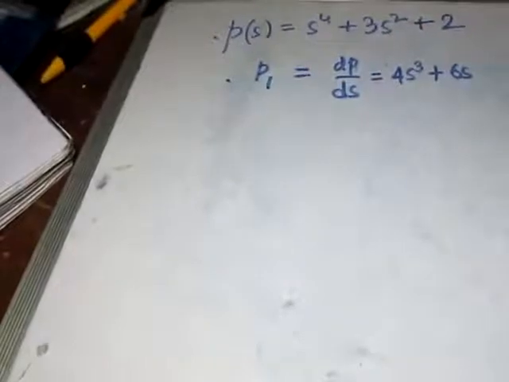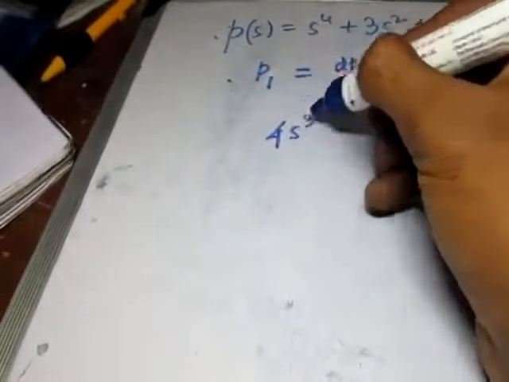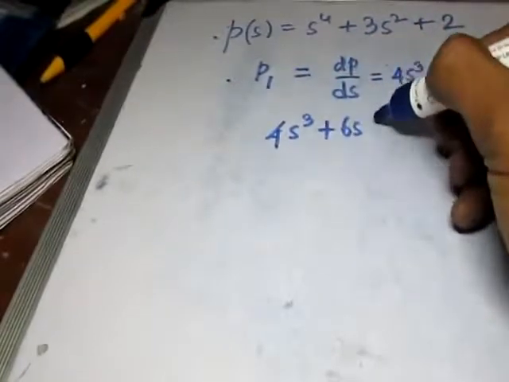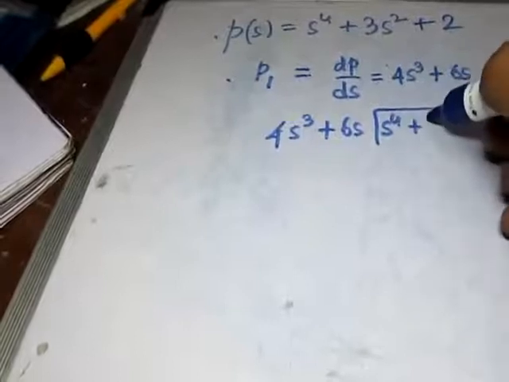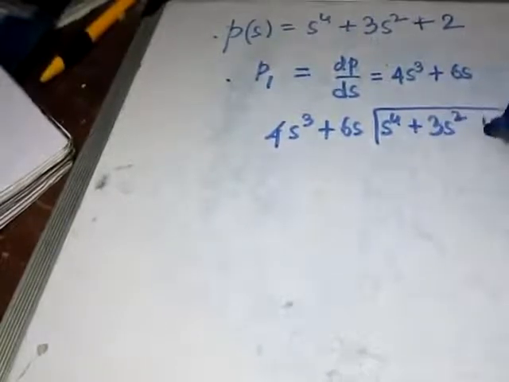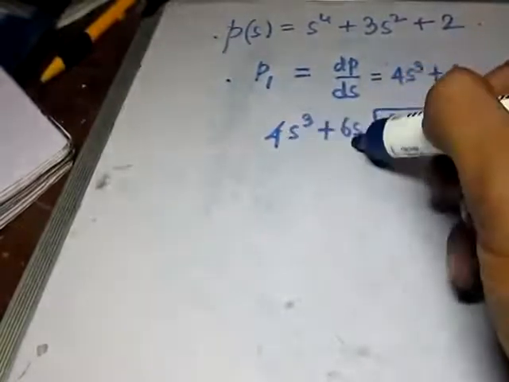Now let's start. 4s cube plus 6s, and we will divide s to the power 4 plus 3s square plus 2. This is P, and we are dividing it by its derivative.